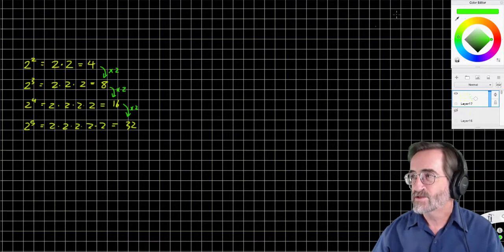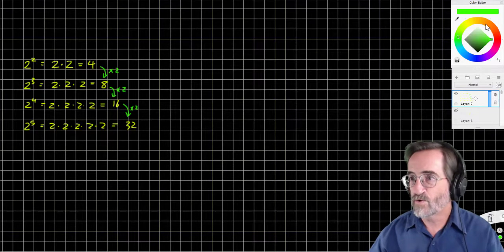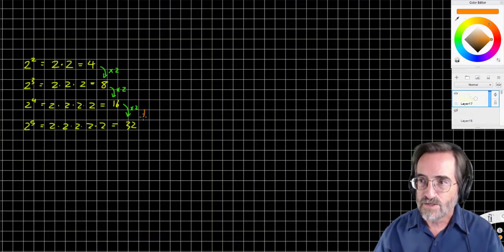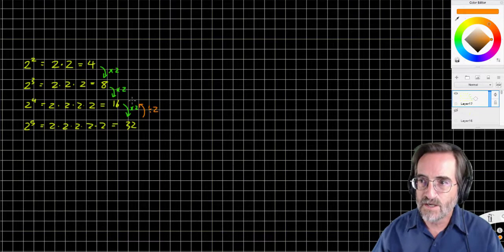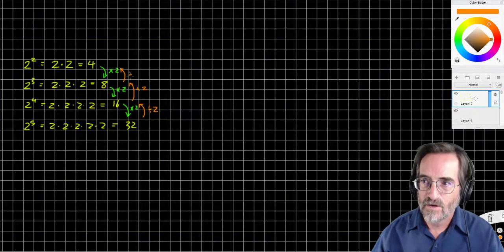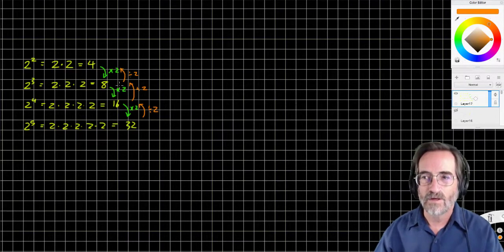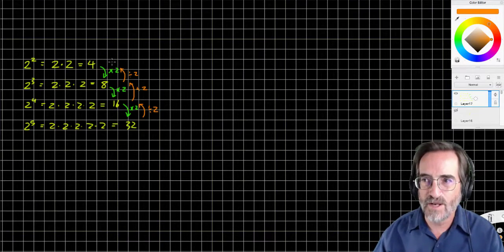All right, so let's go in reverse order. Let's go backwards. 32 divided by 2 is 16. 16 divided by 2 is 8. 8 divided by 2 is 4. So let's carry this to the next logical step.